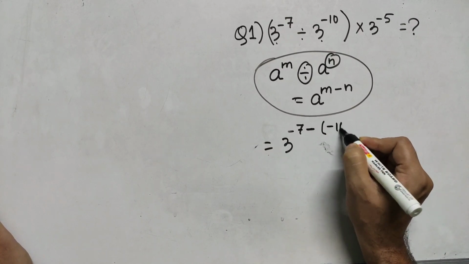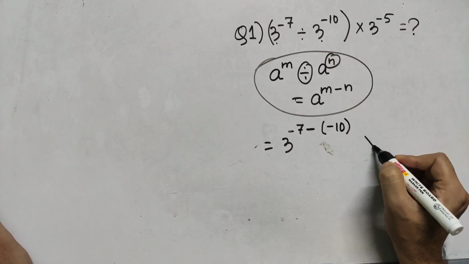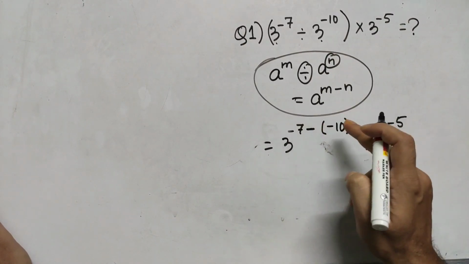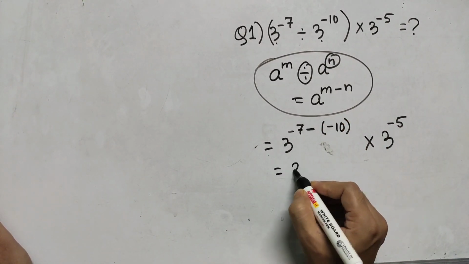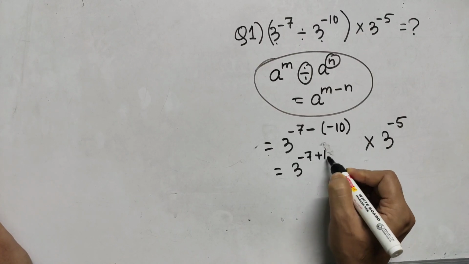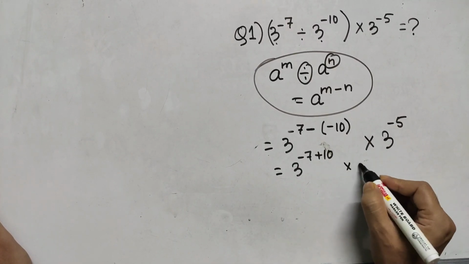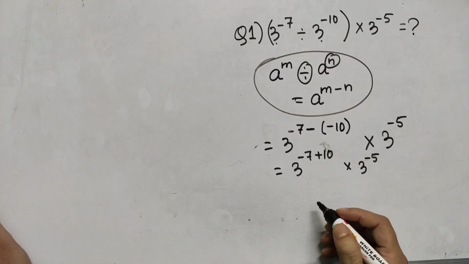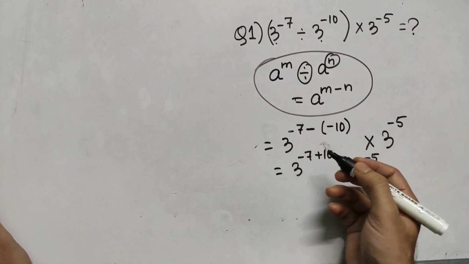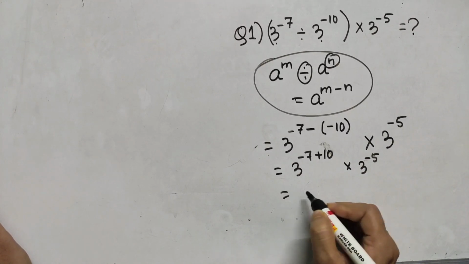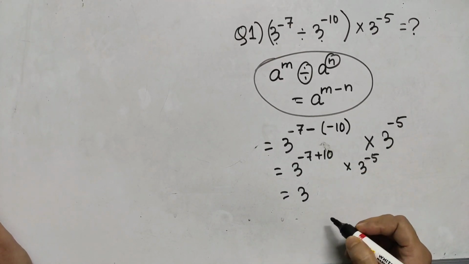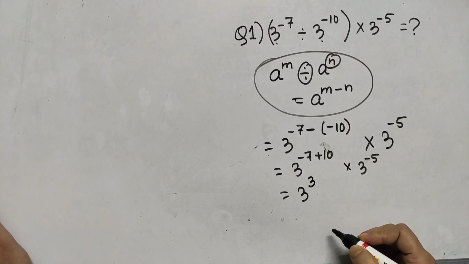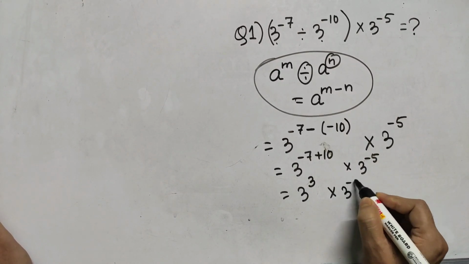Then multiplication, and 3 to the power minus 5. First we need to calculate this. It becomes 3 to the power minus 7 plus 10, into 3 to the power minus 5. As you can see, minus 7 plus 10 becomes positive 3, and we have 3 to the power minus 5.